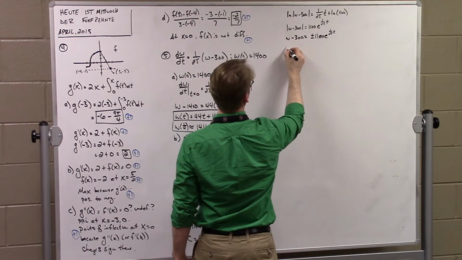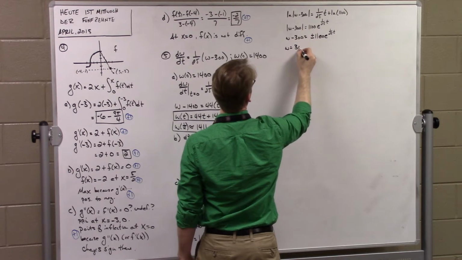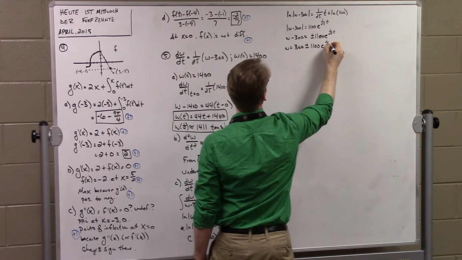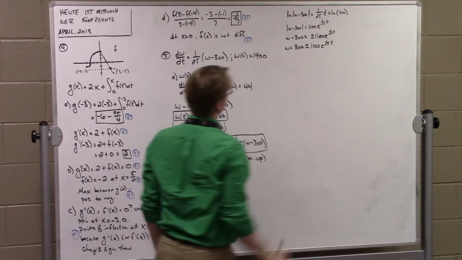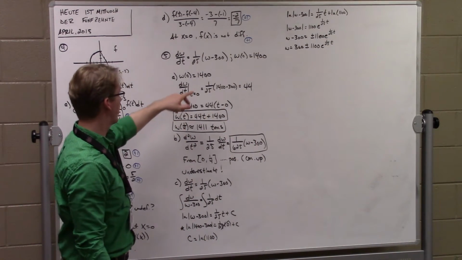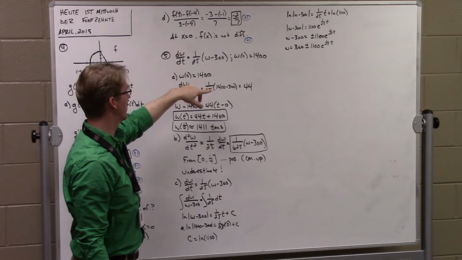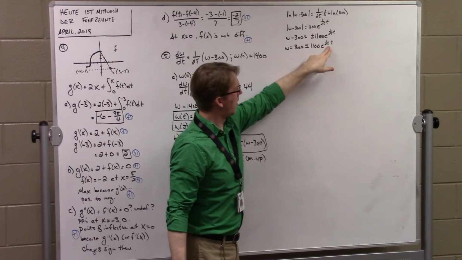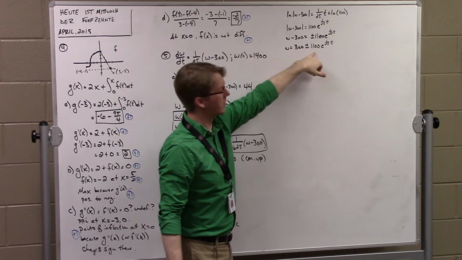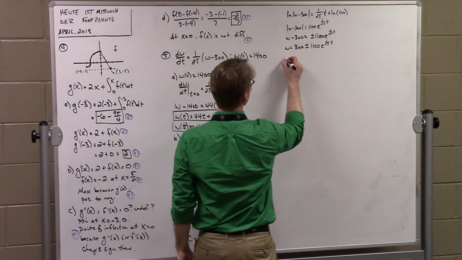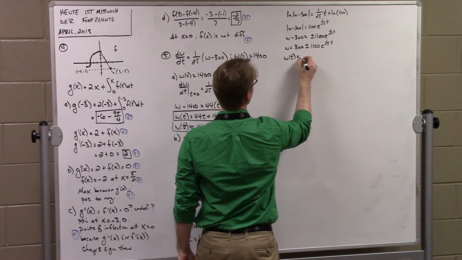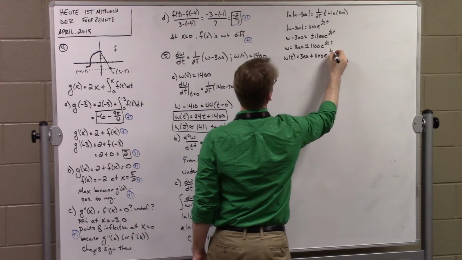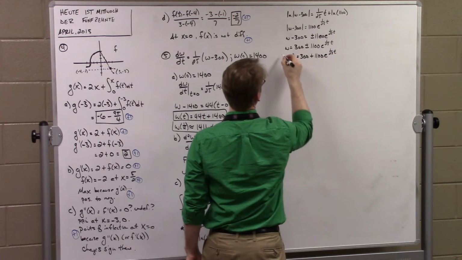And then we'll bring the 300 over. Now all we have to do is determine whether it is the positive value or the negative value. If I stick in 0 for t, I need 1400. If I stick in 0 for t, this is 1, and I don't get a 1400 unless I add, so my answer is W equals 300 plus 1100 e to the 1/25 t.